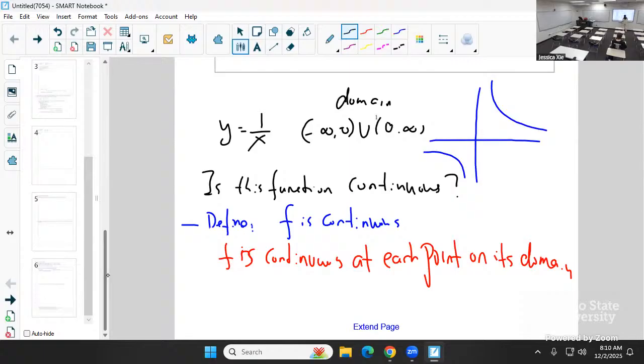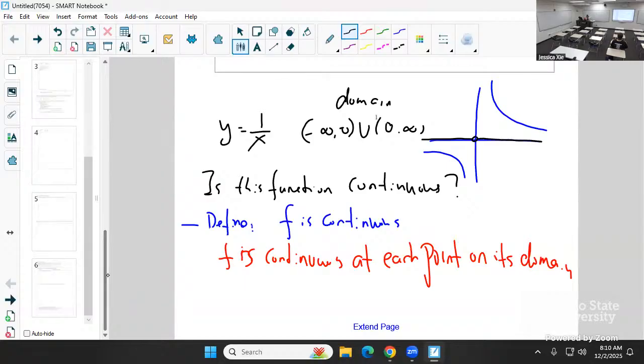And the domain is all real numbers except 0, right? So when we see whether or not the function is continuous, we just see whether it is continuous at each point on its domain, right? Zero does not belong, so we don't care what's happening at zero, because zero does not belong to the domain, right? So let's rethink this one. Using the definition, do you feel like this function is continuous or not?